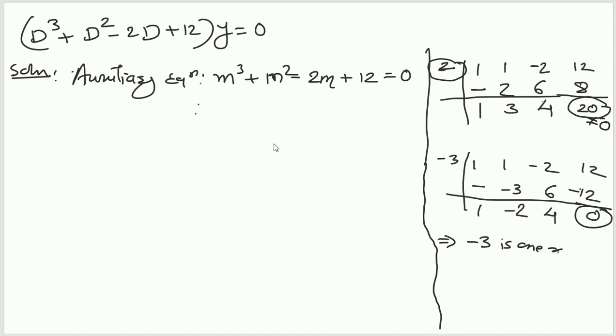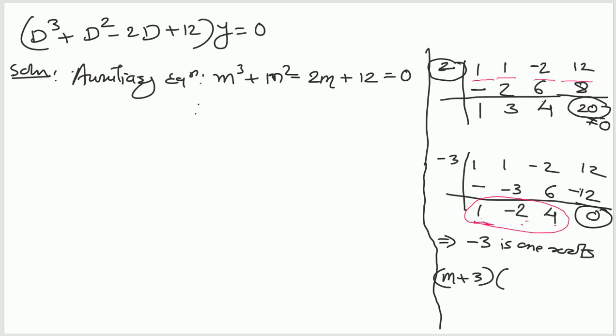So this gives us the factorization: because -3 is a root, one factor is m plus 3, and the remaining factor we get from these three numbers. These numbers are nothing but coefficients, so these are also coefficients, now of a quadratic equation.